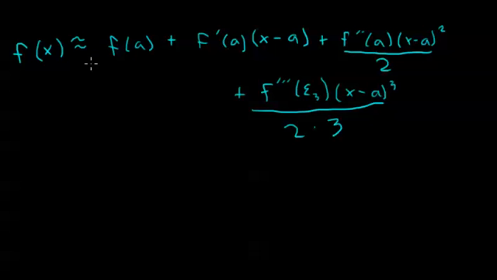Each time we do this, we get closer and closer to the real way this function acts around the point a. And if we do an infinite number of these, you can see that this term is getting smaller and smaller since the denominator is a factorial. So eventually, if we do infinity of these, we won't even have to pay attention to the last value.